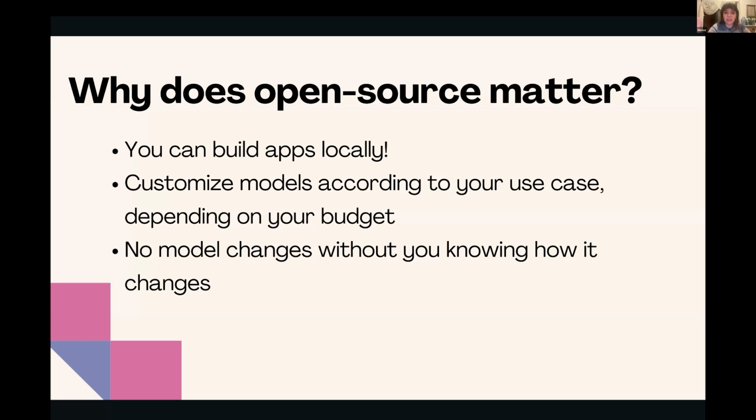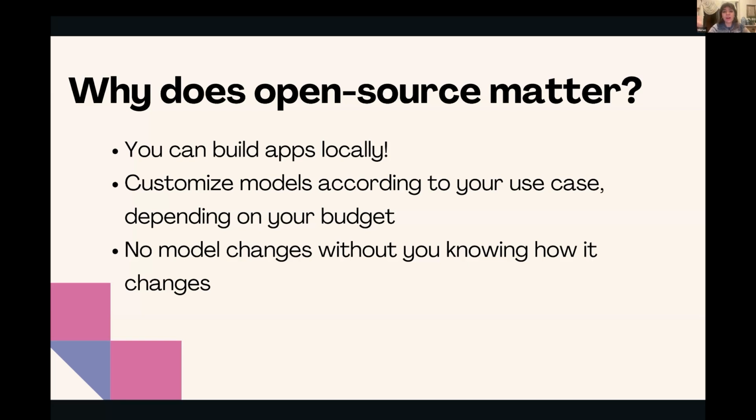And you can customize these models according to your use case. You can improve them, and you actually know what is going on in the background. And also, you can quantize or distill a given model. And then you do not have any model changes in the backend for a given API that you're using.